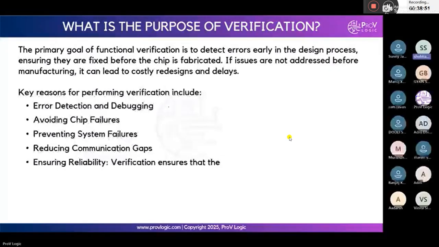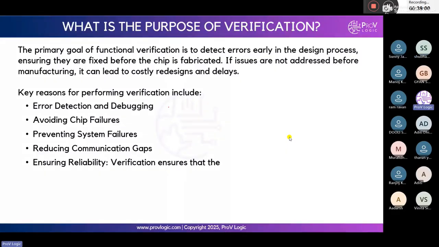Okay, ma'am. So in this verification, what do we use, like C++, C, or SystemVerilog, or UVM? For any processor, we use the C language only, C++. Okay, can we use SystemVerilog in GPU also? Yes, SystemVerilog also you can use, but we need to convert it again from SystemVerilog to C. For GPU and CPU, both we use C or C++.